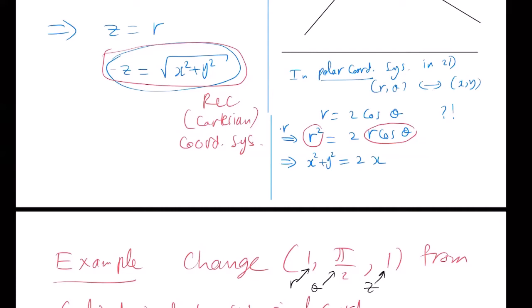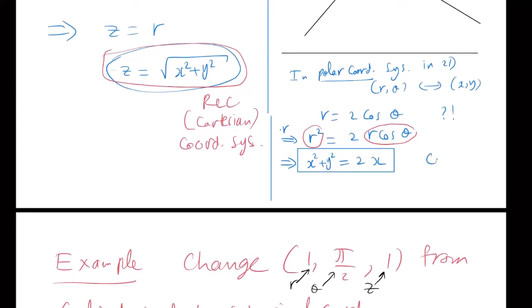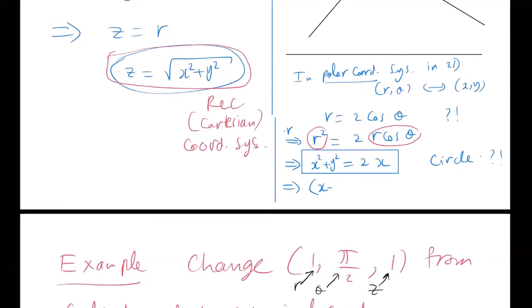So what is this equation? You know it by now. This is an equation of a circle. To put it in center-radius form, we complete the square. x squared minus 2x plus y squared equals 0.